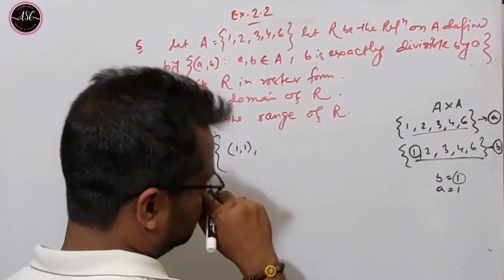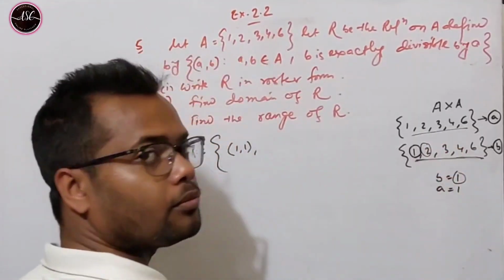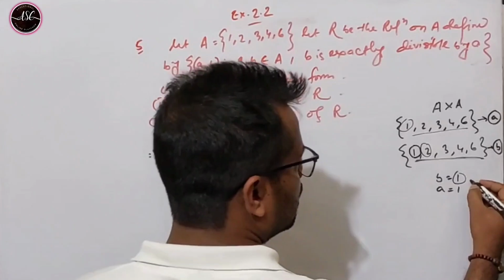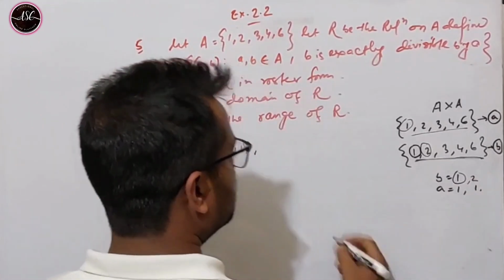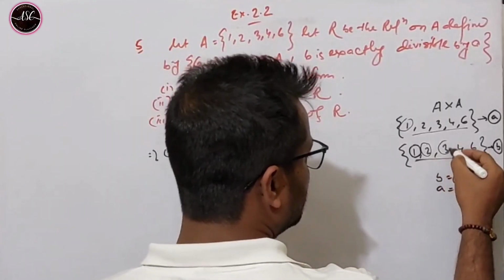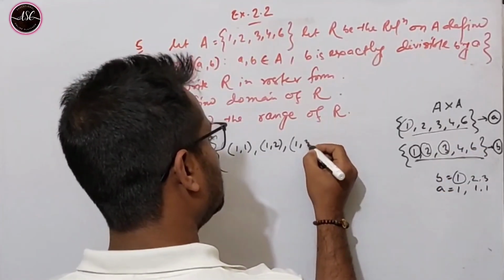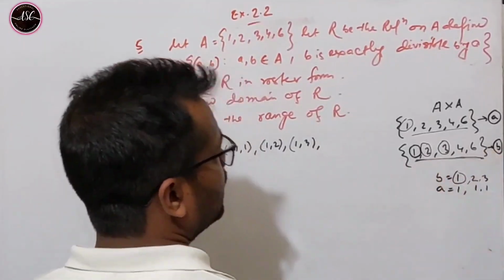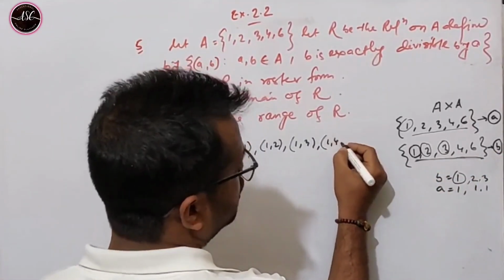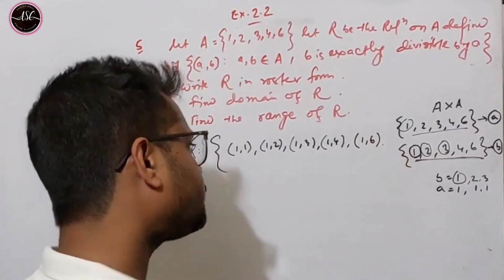Now second, b is 2, a is 1, this is also possible, so (1, 2). Then b is 3, a is 1, this is also possible, (1, 3). So all the elements are divisible by 1, so all of these are possible, up to (1, 6).